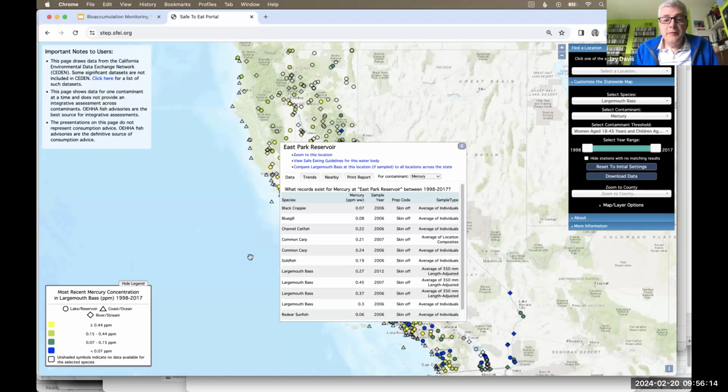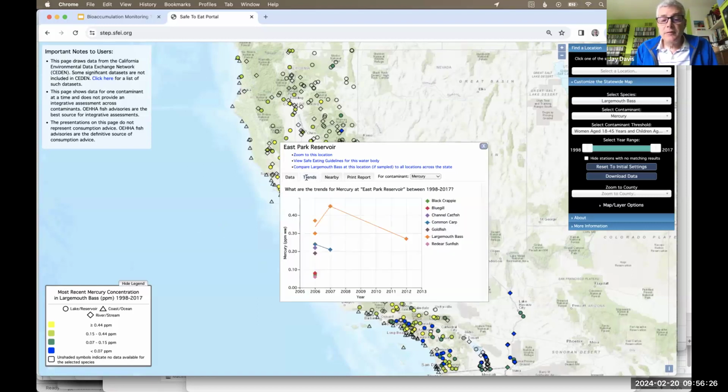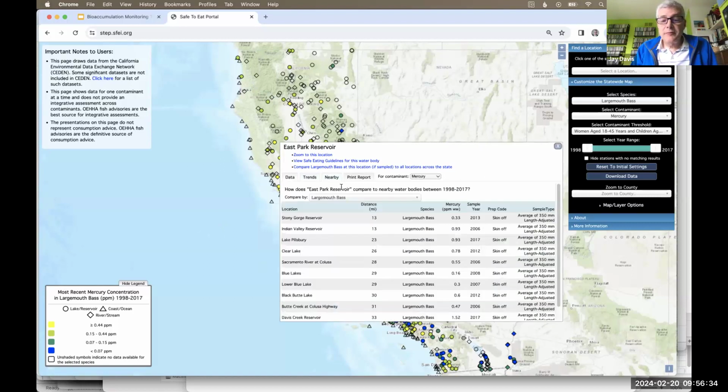There's a lot of handy features on this tool. You can look at different contaminants. Right now, it's just showing all the mercury data. You can see a graph of the data over time for all the different species. What Sherry mentioned is it shows data for nearby water bodies. So I think this is a useful feature if you're looking at designing monitoring for a water body.